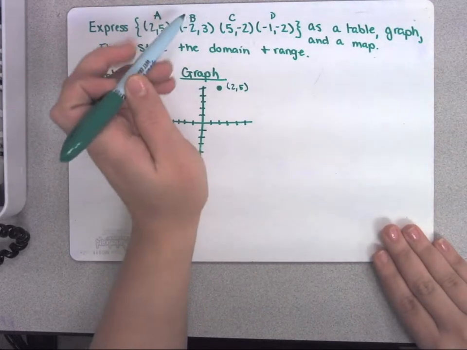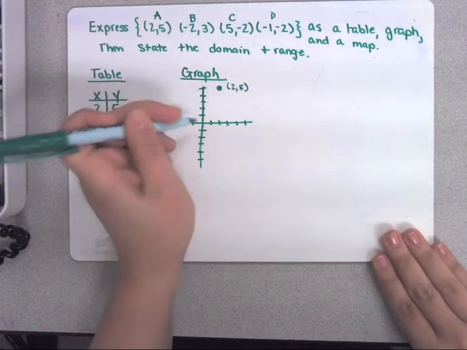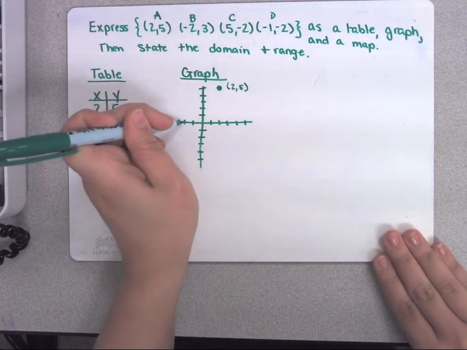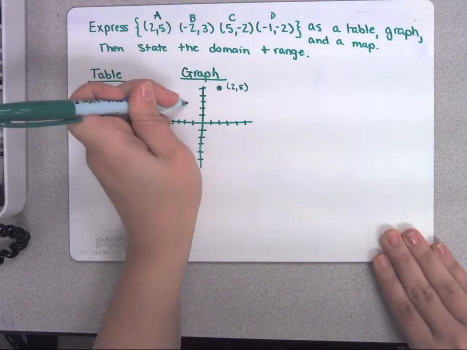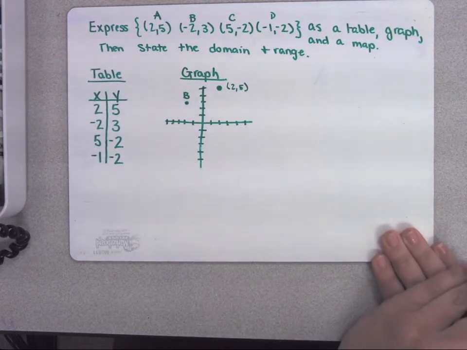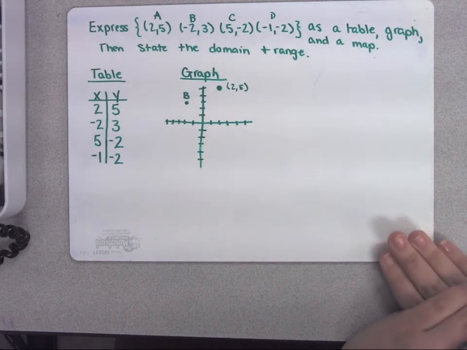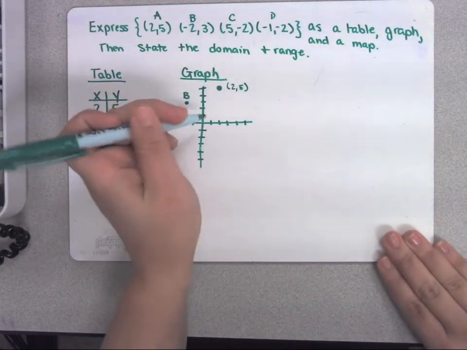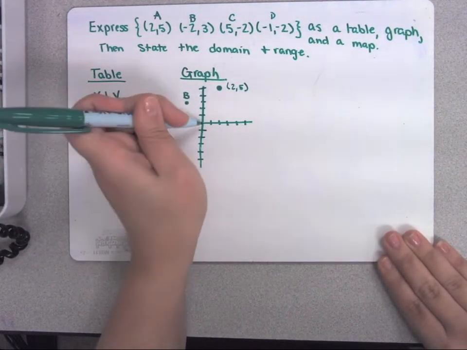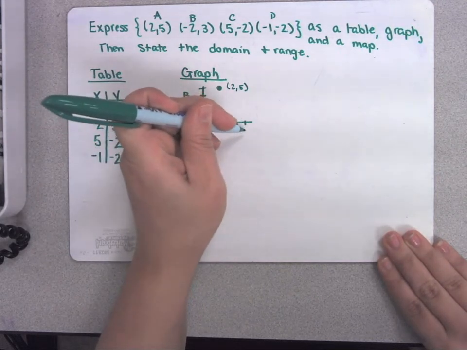So then B, I'm going to use the letters because they take up less space. So -2, so to the left 2, and then +3, so up 3. So then look, I only have to write B. See how much more space that saves? Just in case I have to put a point near it, I don't have to mess it up. Okay, then C, +5. 1, 2, 3, 4, 5. Down 2. 1, 2.